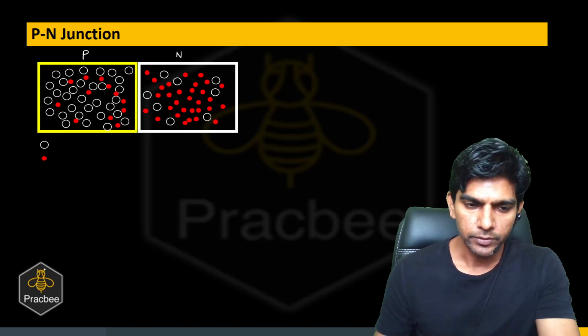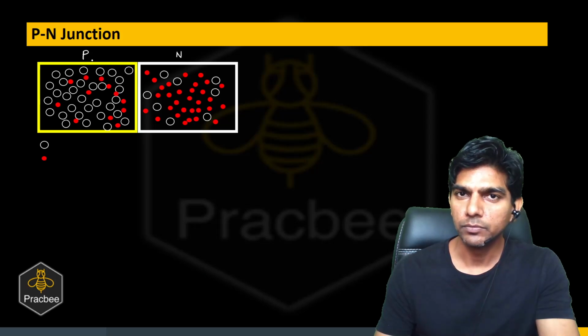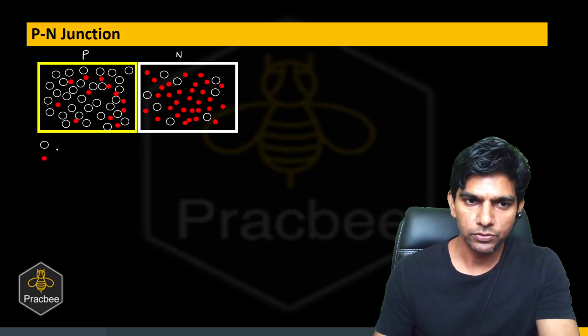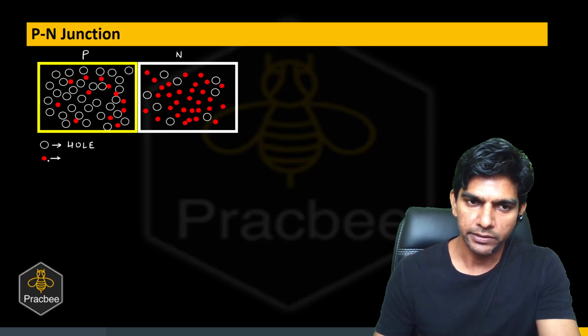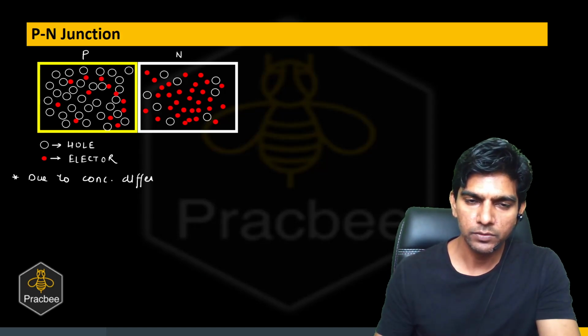So what is happening here? Can you see there is a concentration difference? On the left side at the p-type semiconductor, the holes are the majority carrier. So these circles are holes, and these red circles are electrons. So due to this concentration difference, on the left side we have a large number of holes, on the right side we have a large number of electrons.